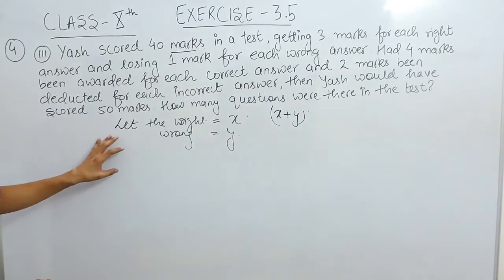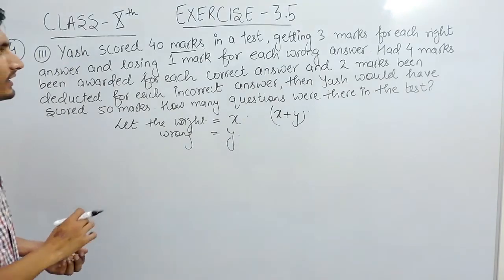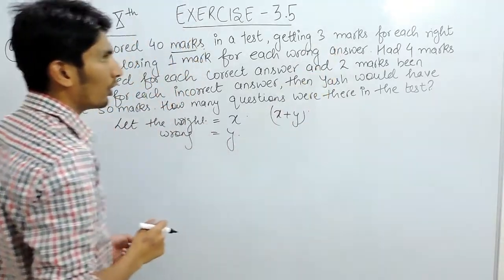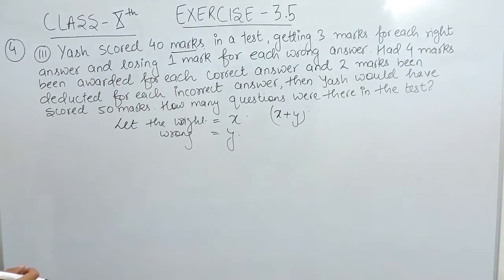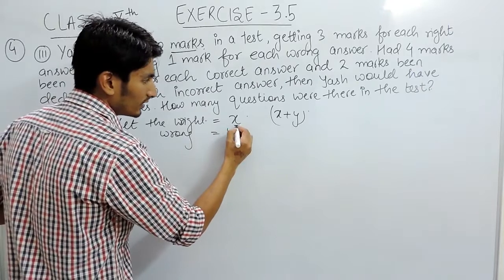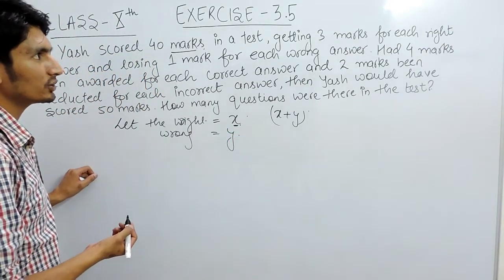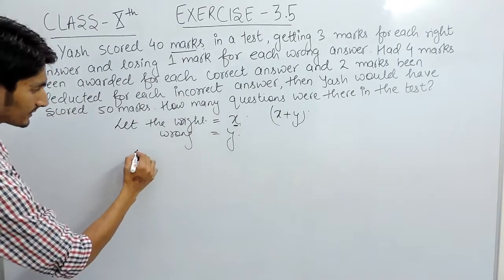And according to the first case, it is given that he would have scored 40 marks if 3 marks is awarded for each right answer. If he has marked x questions as right, so obviously the total marks he should get is 3x.